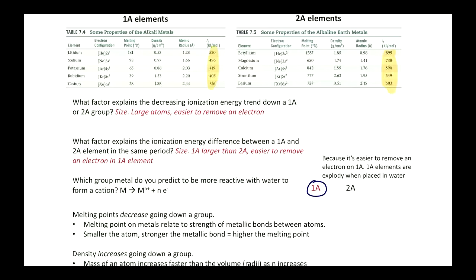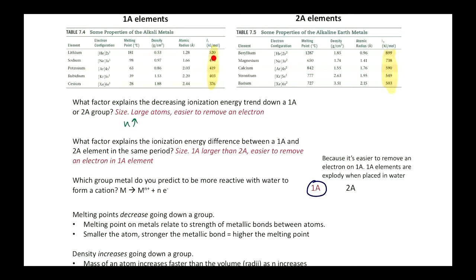The reason that it decreases going down a group is because our atoms get a lot larger. n increases, so the electron that we're removing is just further away from the nucleus. So that's just applying the trend here. All right, so size, because n increases as we go down a group. But let's compare 1A versus 2A elements.